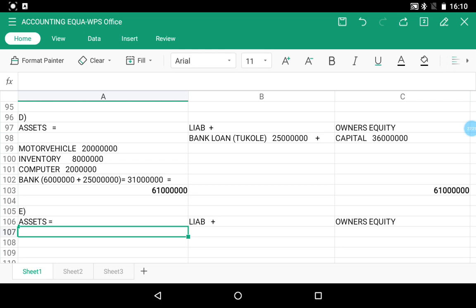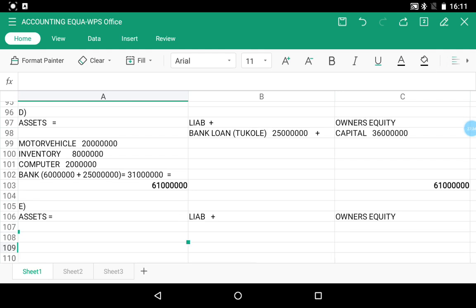We still have our motor vehicle worth 20 million. We still have our inventory $8 million.